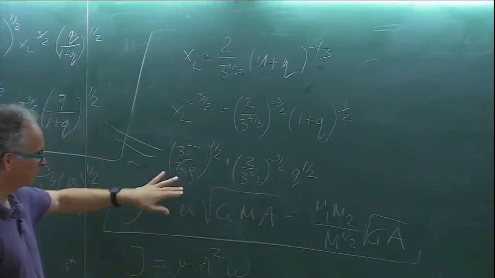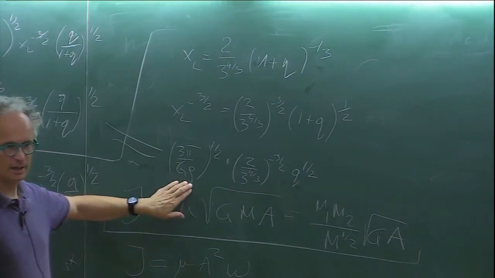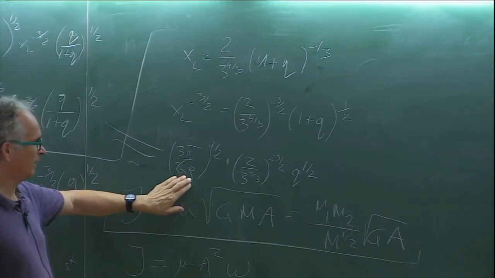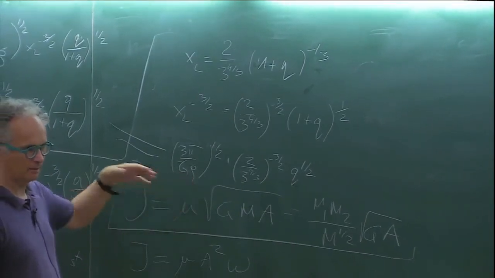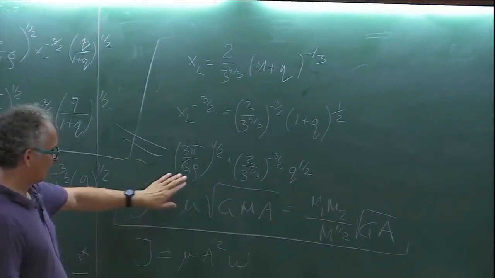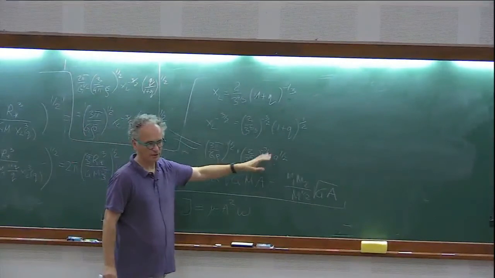So for a given star, the period when it fills the Roche lobe essentially can be determined by its density. Once its density becomes low enough, and it's a weak function of the mass ratio.